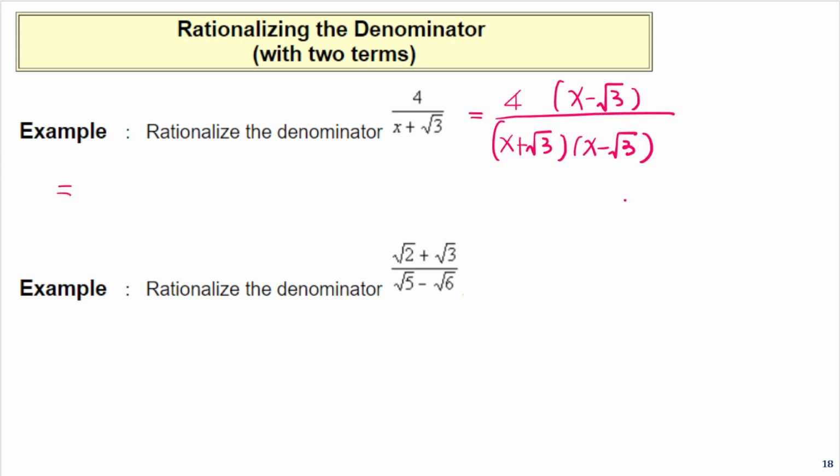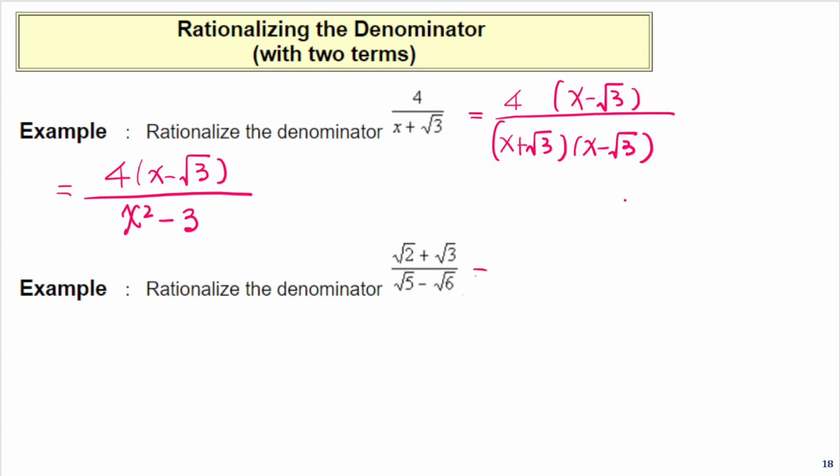And this will give us 4 times x minus square root 3 over, remember we can use the formula here, right? a plus b times a minus b gives us a squared minus b squared, which is 3 here. And therefore the denominator is rationalized.